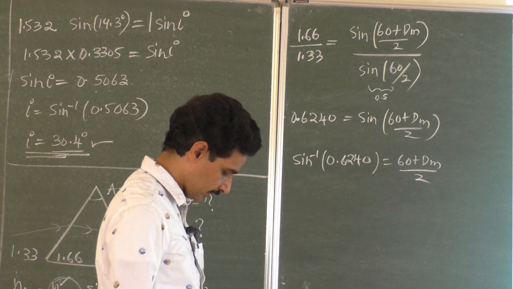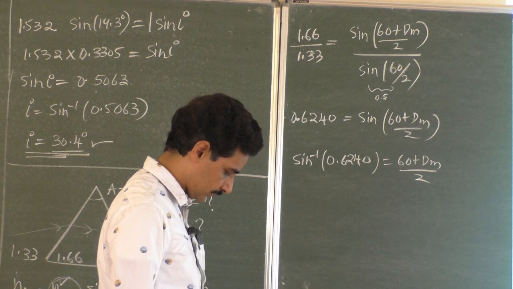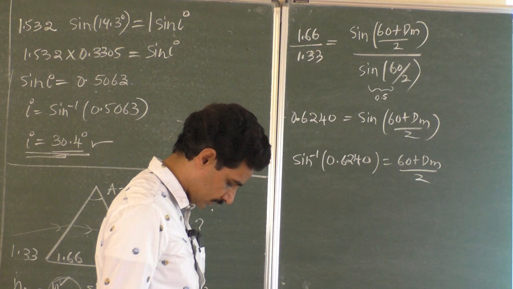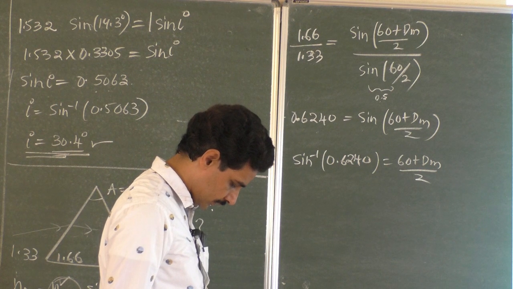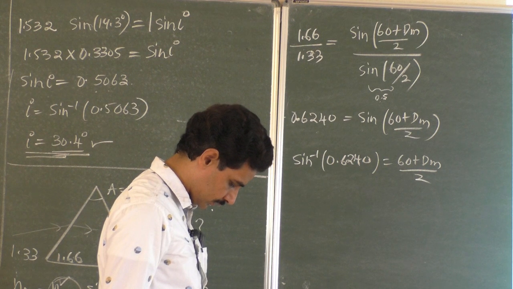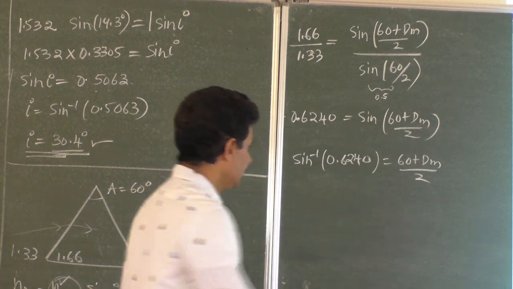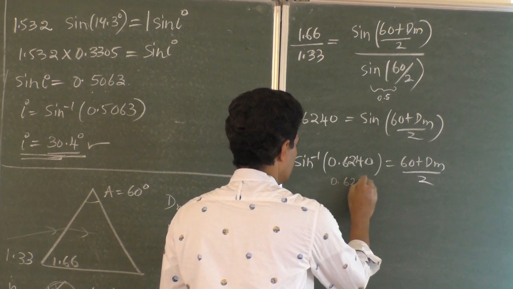0.6240. You have to search that number. 61, 62, 63, 6239 we have. 0.6239 is very close.